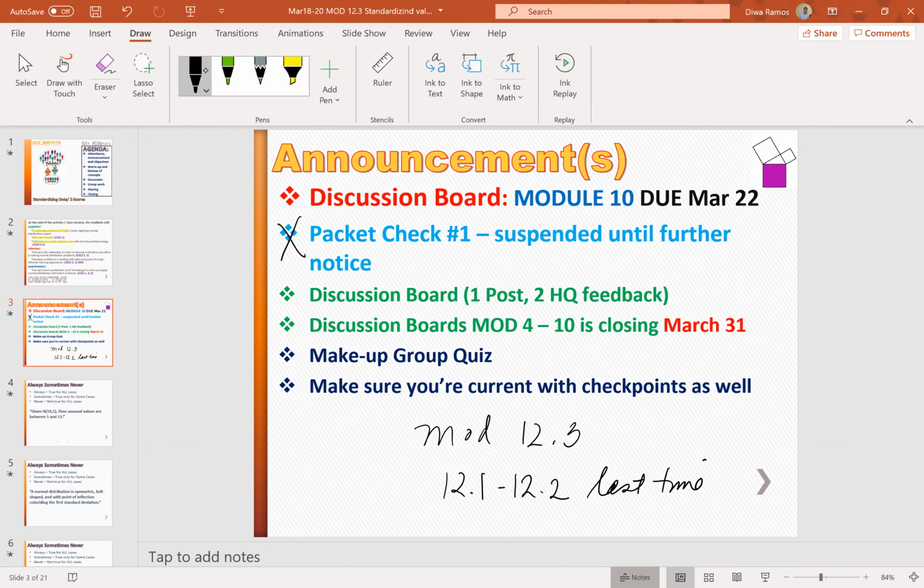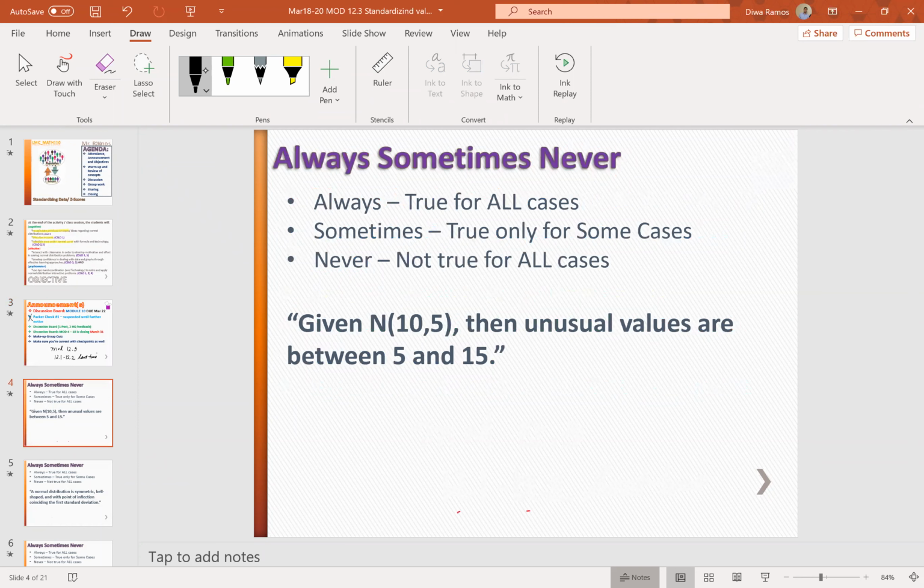Let's do a little bit of review, starting with the first always, sometimes, never question. Just let me know if you have some questions. So the first one is always, sometimes, or never. We're given a normal distribution with a mean of 10. Remember, this is our mean and we signify that as mu.